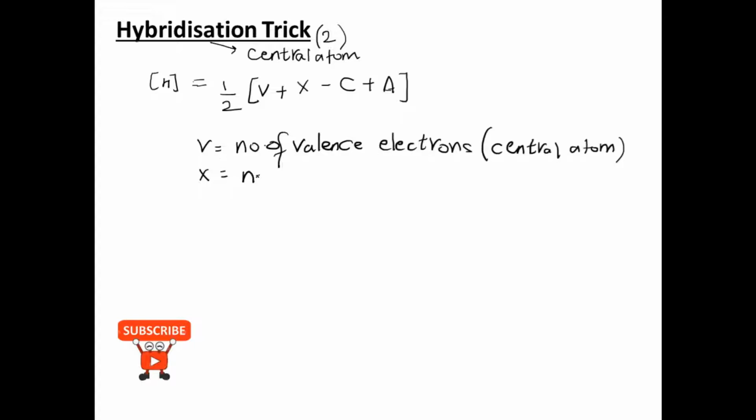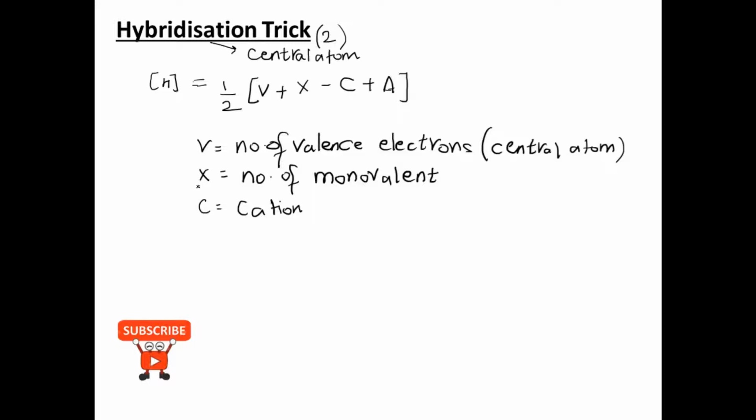What is X? X is the number of monovalent atoms attached. Now, what does monovalent mean? Mono means one, and valent means valency. All those atoms or elements which have a valency of 1 are called monovalent. That means if they are divalent or trivalent, you need not add or subtract them.